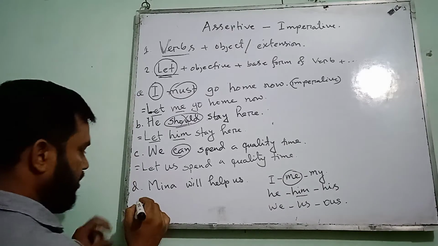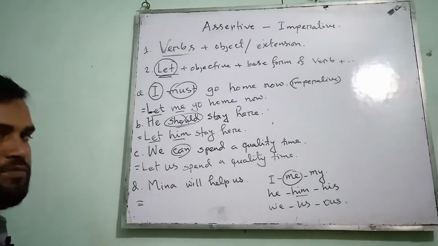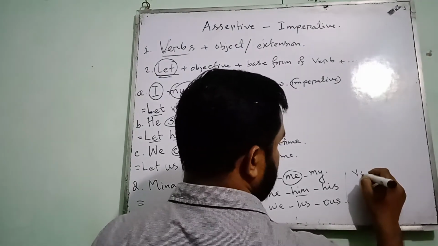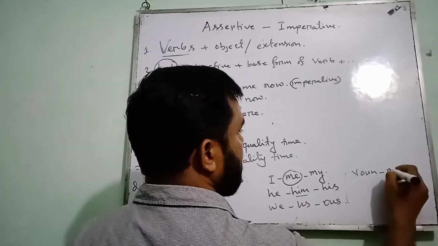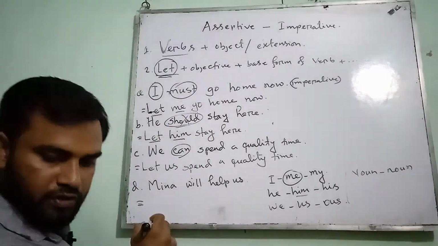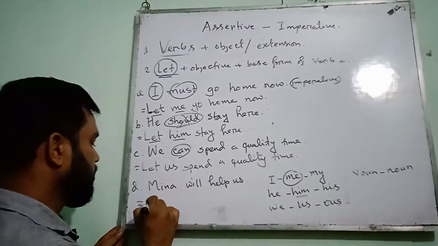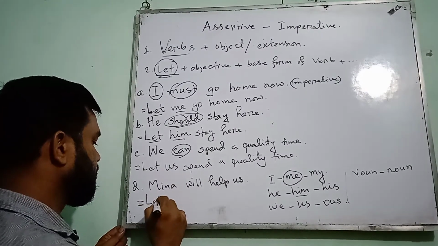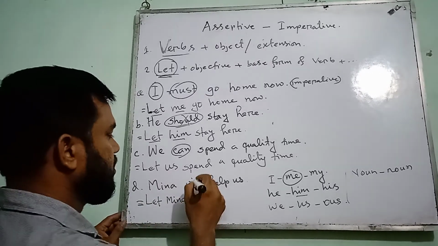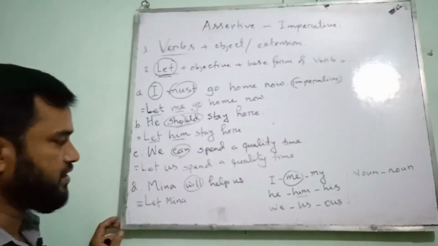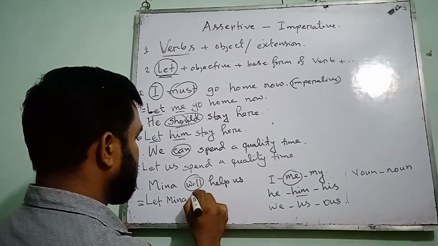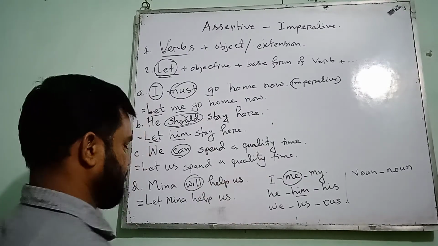Then here we can see that the subject is a noun, and we know the objective form of a noun is the noun itself, that is, the objective form of Mina will be Mina. So I have to write "let", then Mina. Let Mina. We will not write the auxiliary verb. Let Mina help. Let Mina help us.